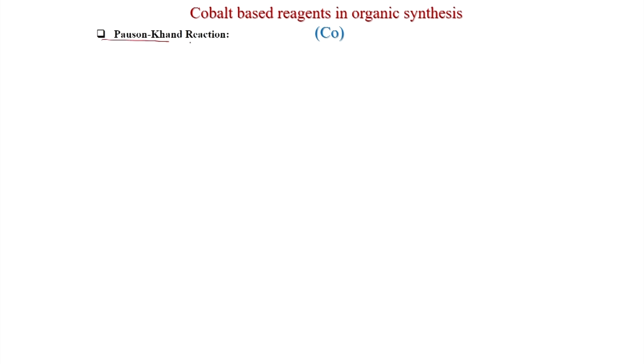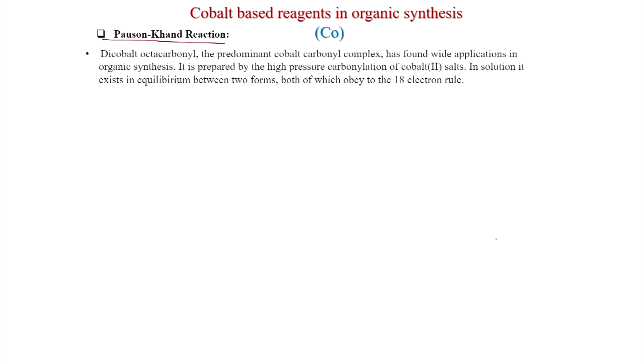Now, we discuss Pauson-Khand reaction. This is a very important reaction. Dicobalt octacarbonyl, the predominant cobalt carbonyl complex, has found wide applications in organic synthesis. It is prepared by the high pressure carbonylation of cobalt salt. In solution, it exists in equilibrium between two forms, both of which obey the 18 electron rule.